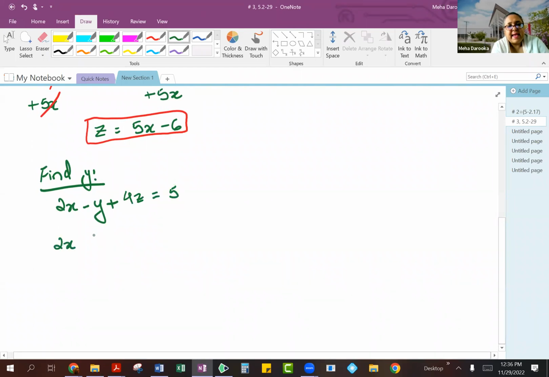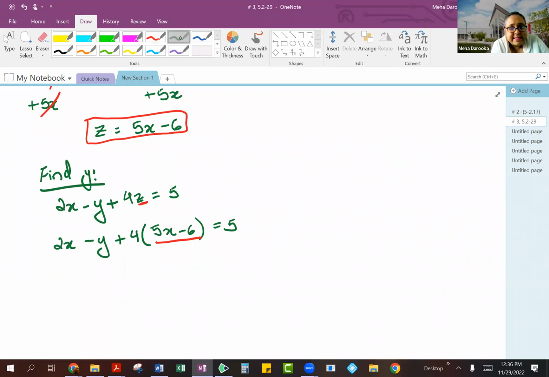So the x will stay as it is, the y will stay as it is, but z is where you're going to use substitution and replace z with what you just found out, which is the 5x minus 6. And then, of course, you have 5 on the other side. So what we're basically doing is we're taking our z and replacing it with the value we just came up with, and that's the 5x minus 6. So the idea is you want to isolate the y now, like we did with the z, and move all the other terms, the x terms, the constant terms, to the other side.